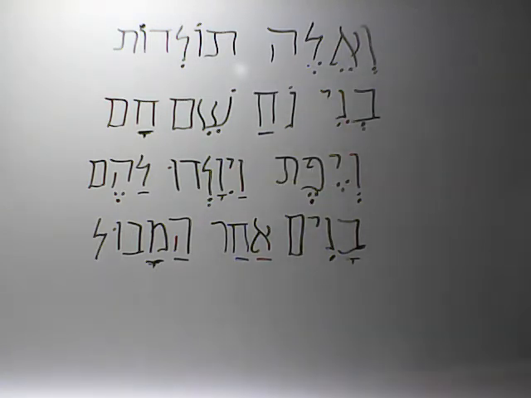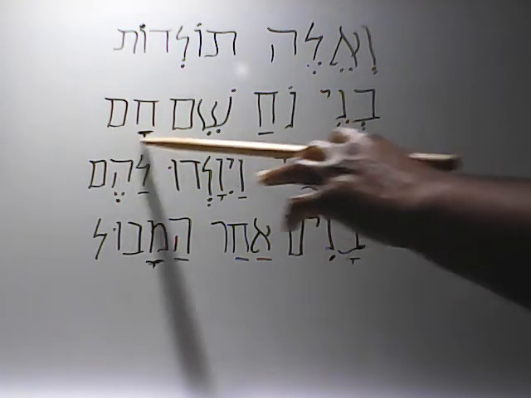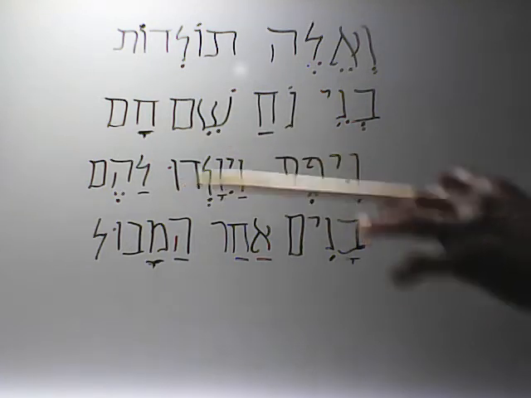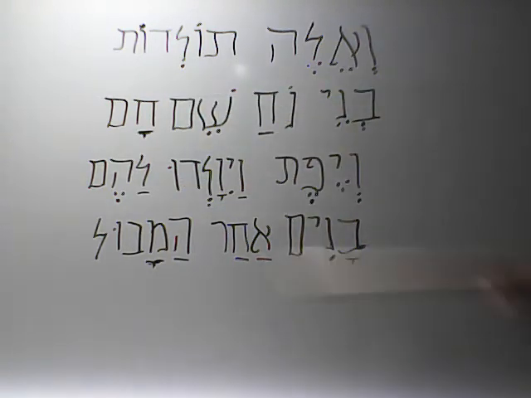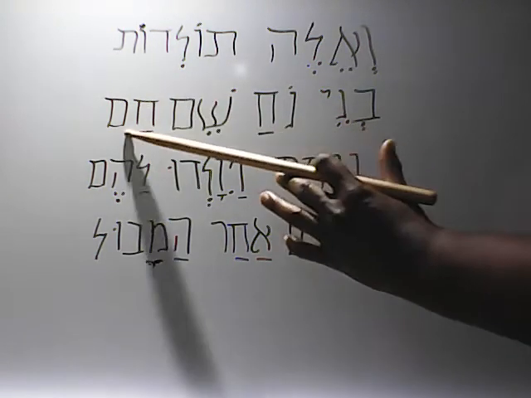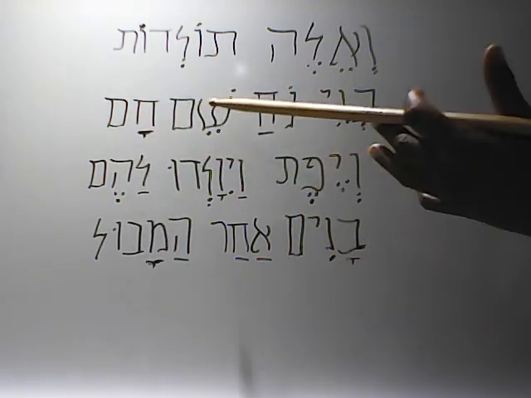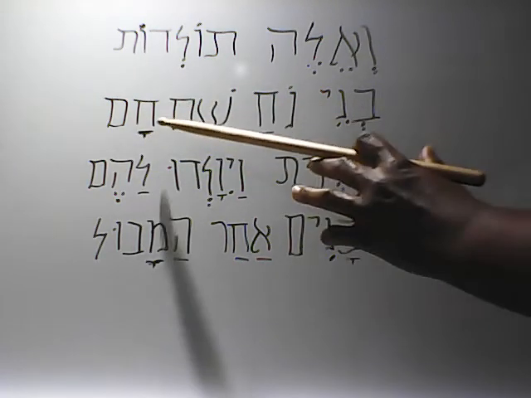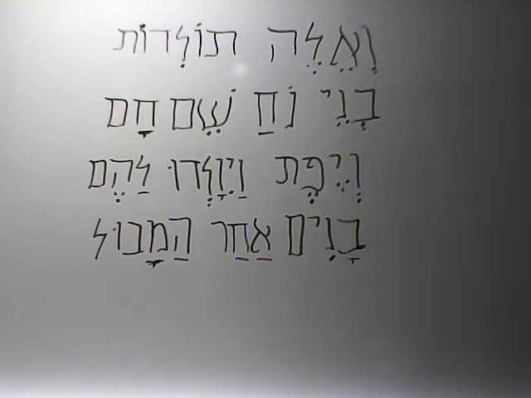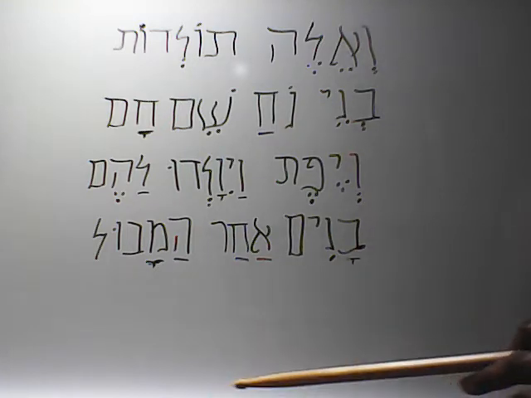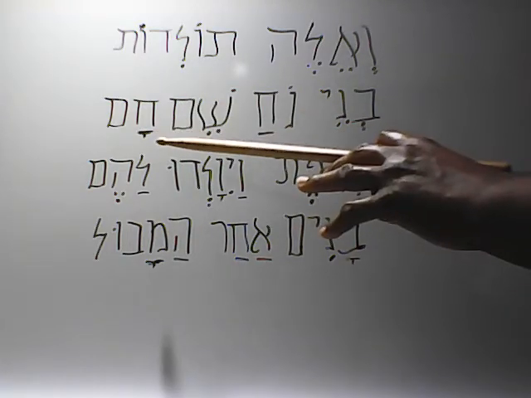Ani himamti et ha'ochel, I warm the food, just to put it in terms like that. So now ham means warm or hot. If you were to interject between the chet and the mem the letter waw, it will be said as hum. The word hum means brown, the color. So we want to point that out for edification purposes.